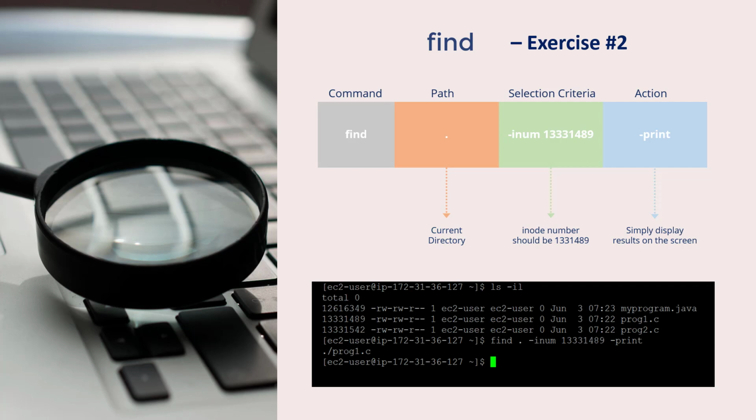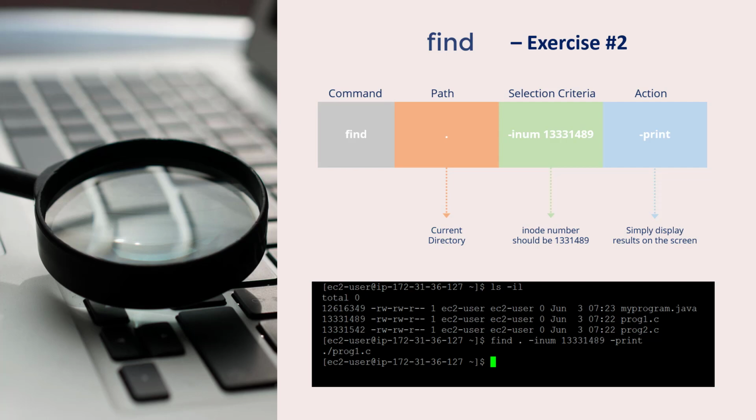If you look below at the terminal screen capture, first we do an ls with the -i option. The -i option will list down inodes also in the first column. So you can see inodes for all 3 files listed. Our selection criteria is -inum 13331489.